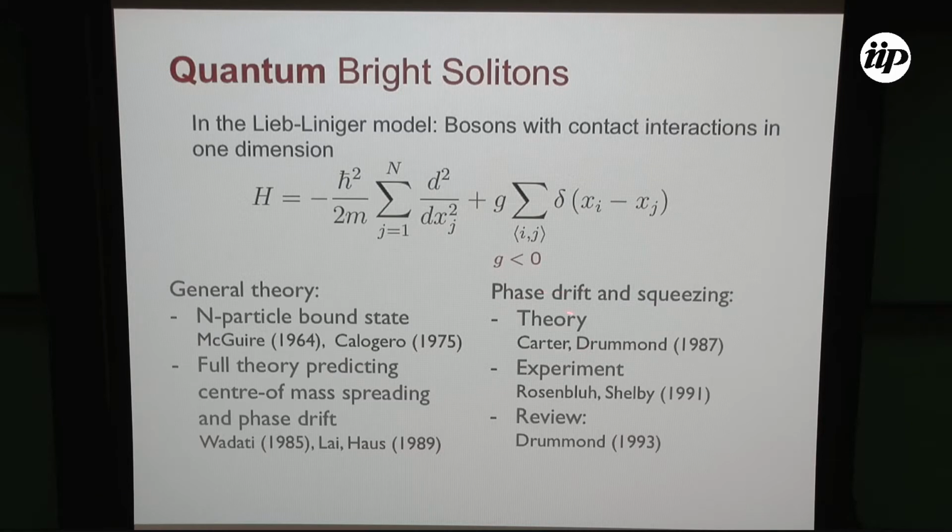This phase drift or phase squeezing was also discussed in the context of optics, and there were experiments in the early 90s that saw squeezing and phase drift in solitons in optics, which are pure quantum effects. These are effects that cannot be explained by mean field theory, by the nonlinear Schrödinger equation itself.